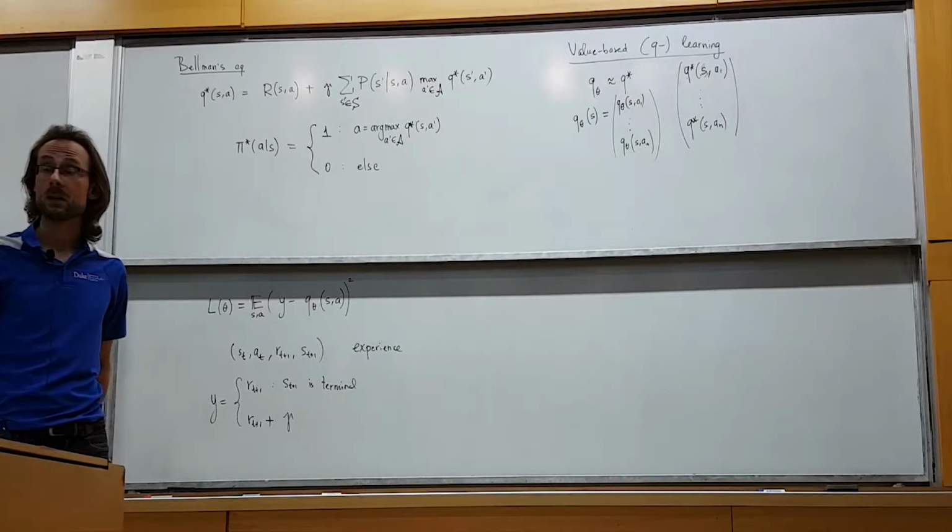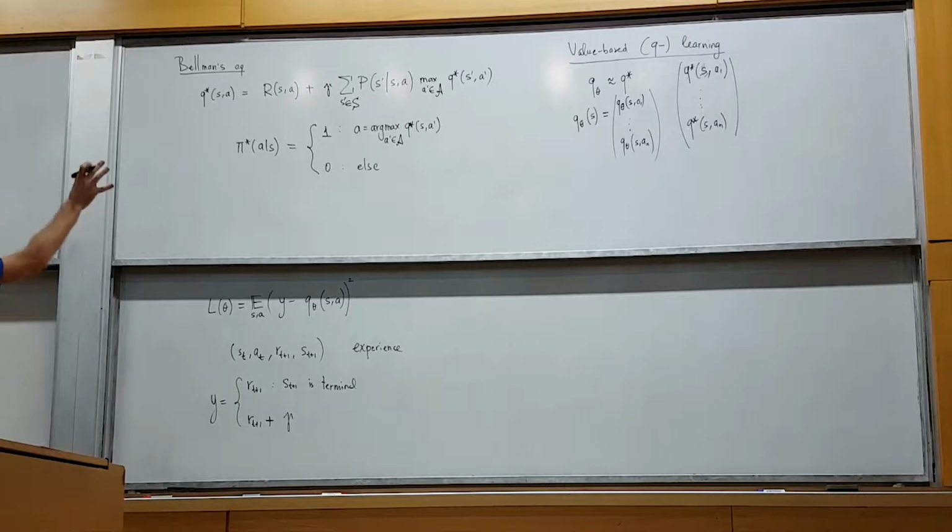Now the issue is that I would love to write this second term, but I don't know the transition probabilities. The MDP, at least in our setting, is latent. I don't know what the transition probabilities are yet. I will discover them implicitly as I learn. So I'm just going to write the maximum. I will not do the averaging over S prime. I have no way to do this averaging over S prime.